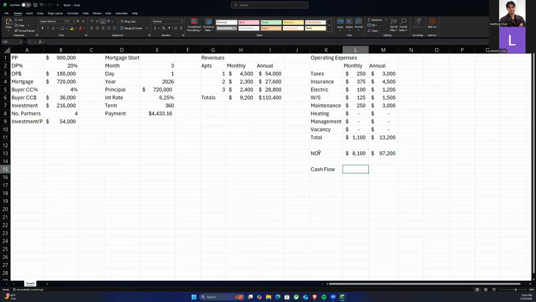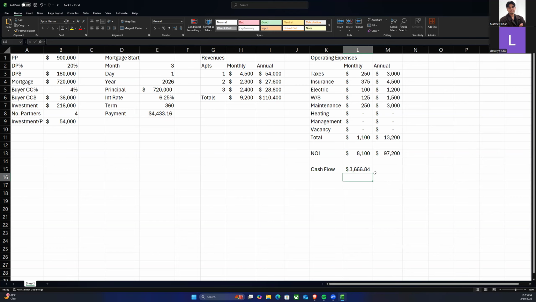Now we know what it's like for Bob or me. We will get $8,100 a month. But there's a difference between Bob and me. Bob gets the full 8,100 a month because he doesn't have a mortgage. But that's not the same for me. So Bob's cash flow is $8,100 a month, but my cash flow is the 8,100 per month minus the debt service.